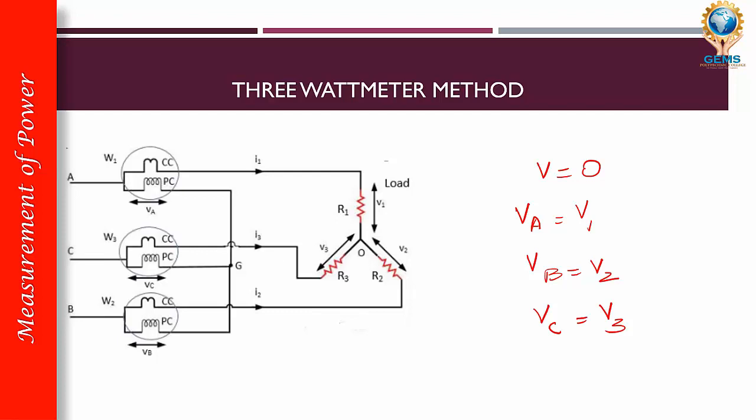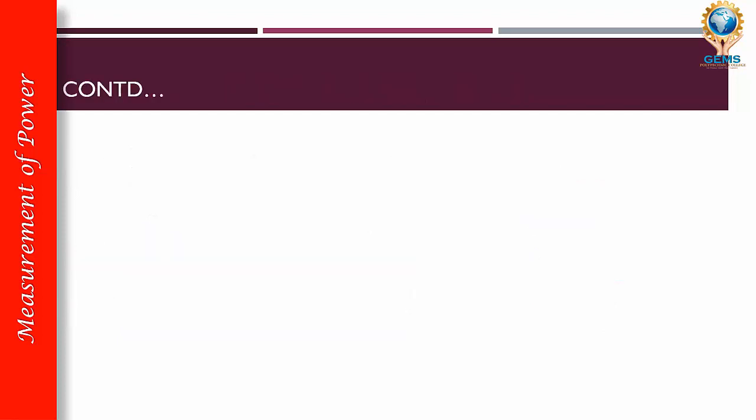Now how do you find the sum of instantaneous readings in the 3 watt meters, or how do you find the total power? That is nothing but P is equal to P1 plus P2 plus P3. P1 is the power in wattmeter 1, P2 is the power in wattmeter 2, and P3 is the power in wattmeter 3.